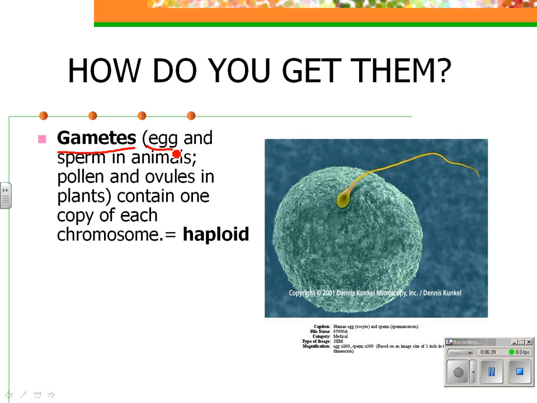Your mom passed them on to you in her egg, dad in his sperm. Your dog got an egg from its mother and a sperm from its father. And those gametes contain one copy of each chromosome. We use the term for that as haploid, half the normal number.